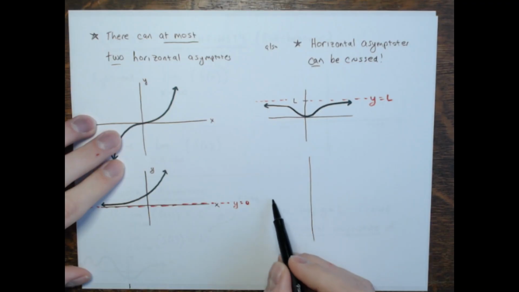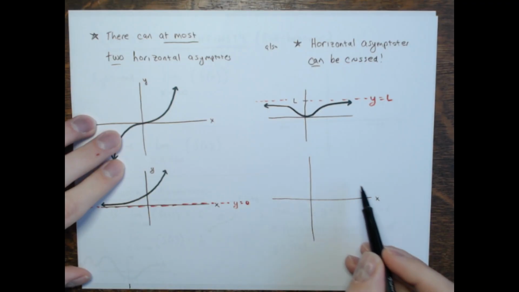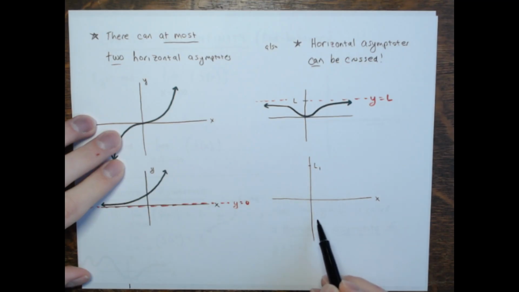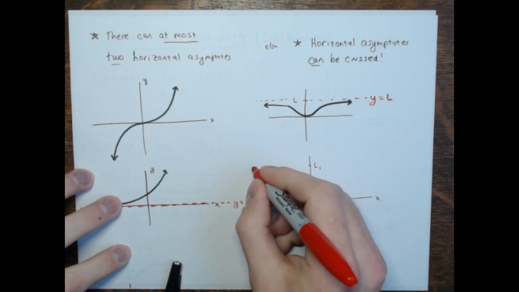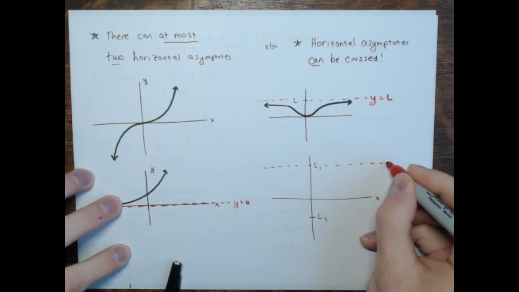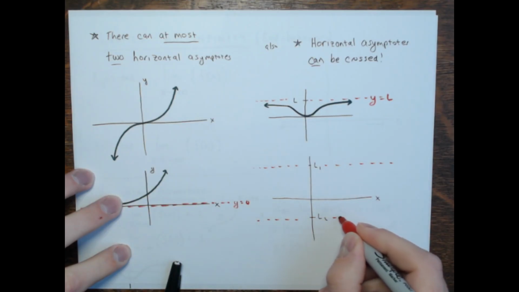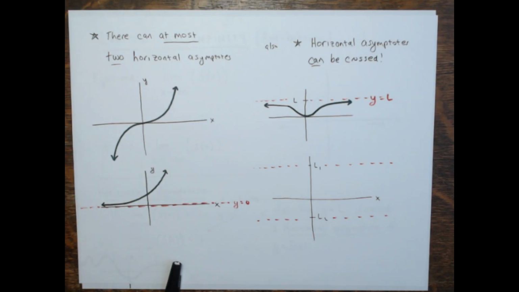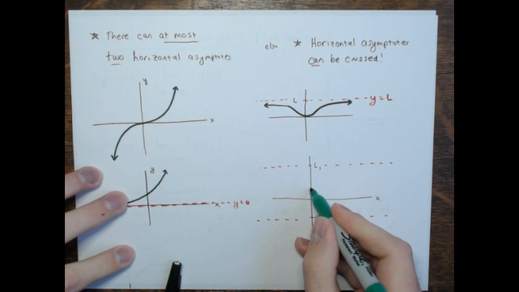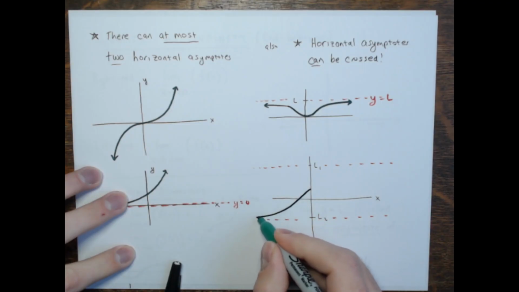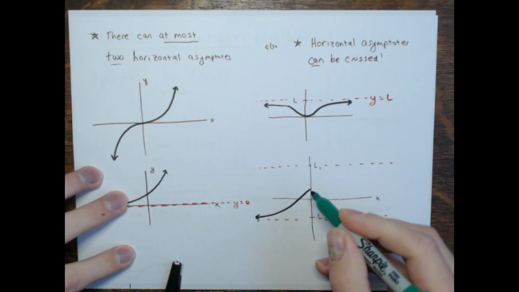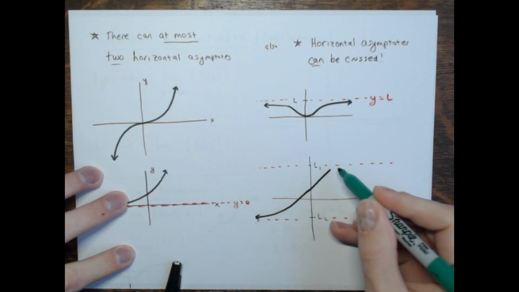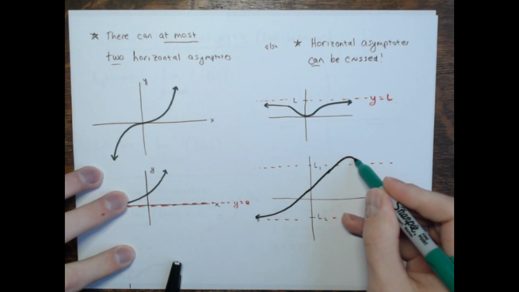But you could also have two, one for each end. So I'll call this L1 and down here L2. So you could have two horizontal asymptotes. And so maybe my example graph here, maybe the graph is approaching this line y equals L2 on the left end as x goes to negative infinity. And then maybe this is happening on the right end. Now I told you it can be crossed.